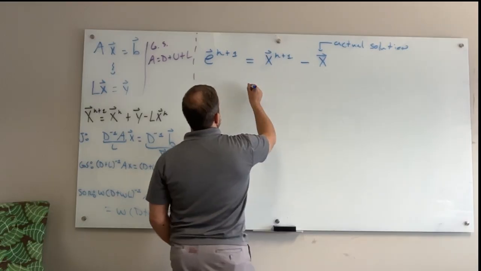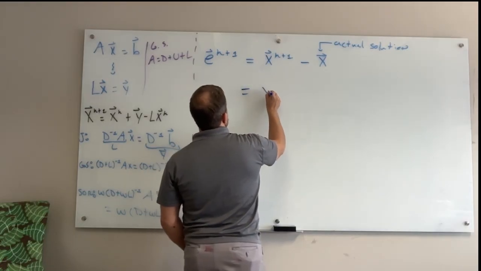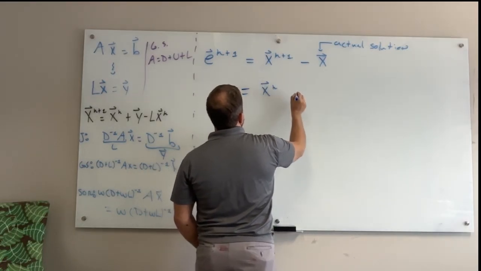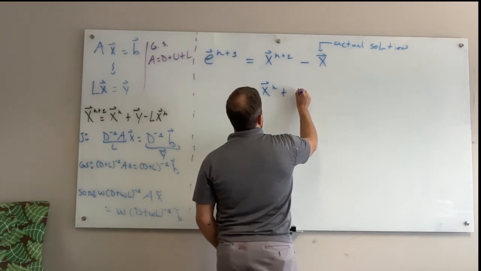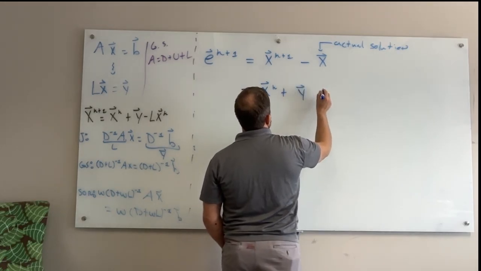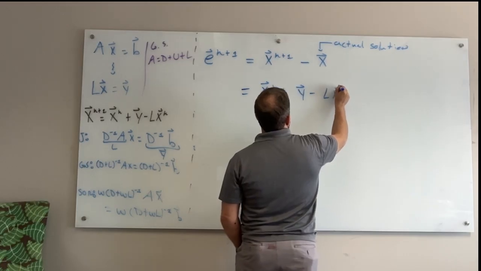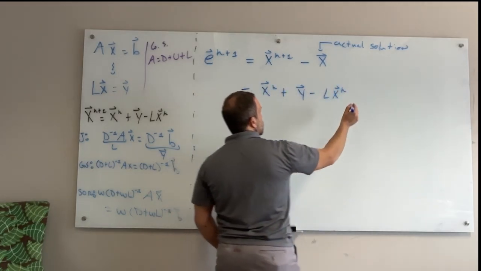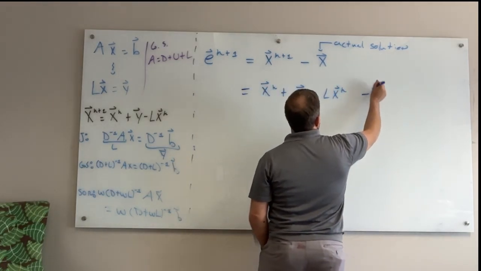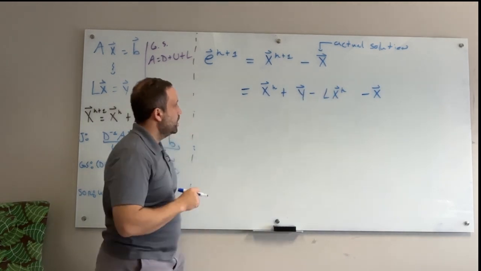So x_{k+1} is equal to x_k plus y minus L times x_k, and then minus x. Just minusing x there.